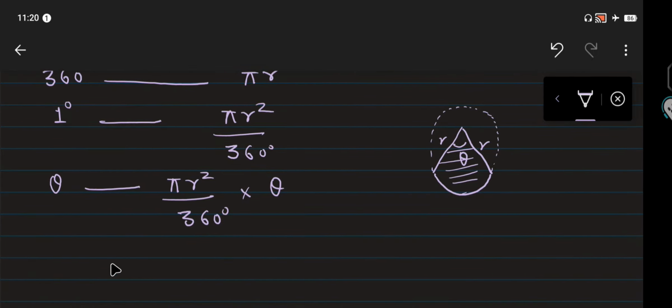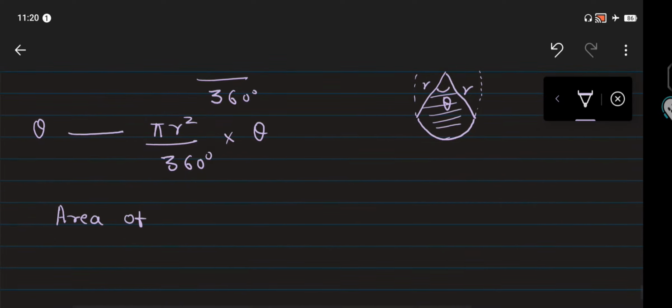So we can write it, area of sector equals pi r square divided by 360 degrees into theta.